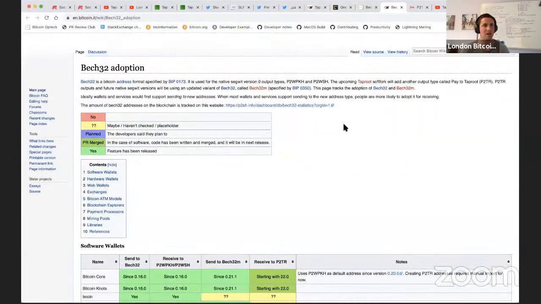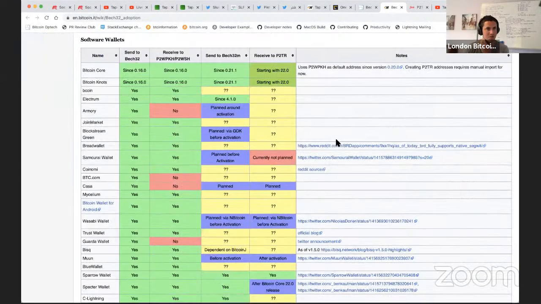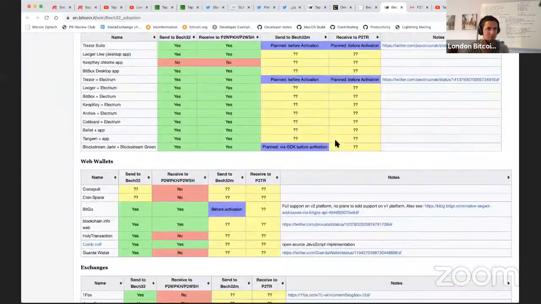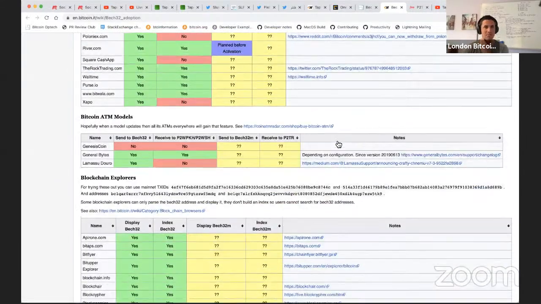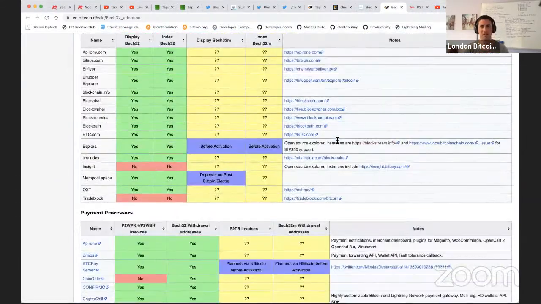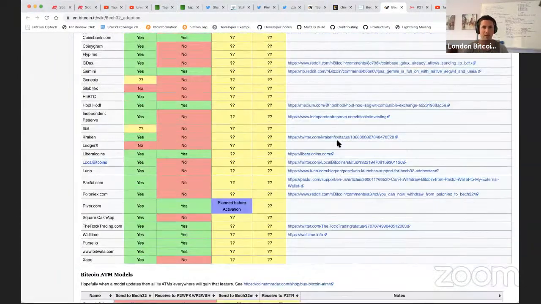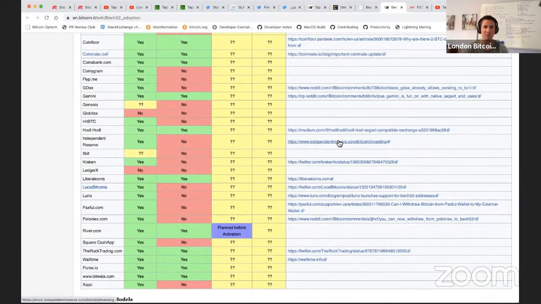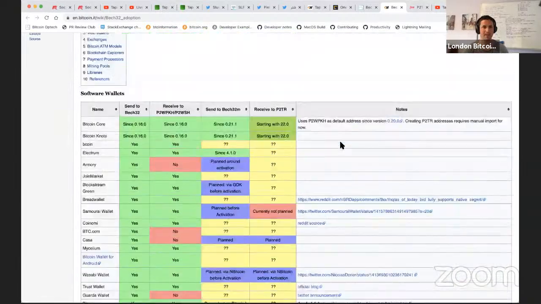So this is a site, this is Bitcoin Wiki. Merch is actually tracking which wallets, which implementations, hardware wallets, web wallets, exchanges. I think he's trying to contact them and explorers and see what their plans are, and whether they'll be supporting Taproot to some extent in November or perhaps later.